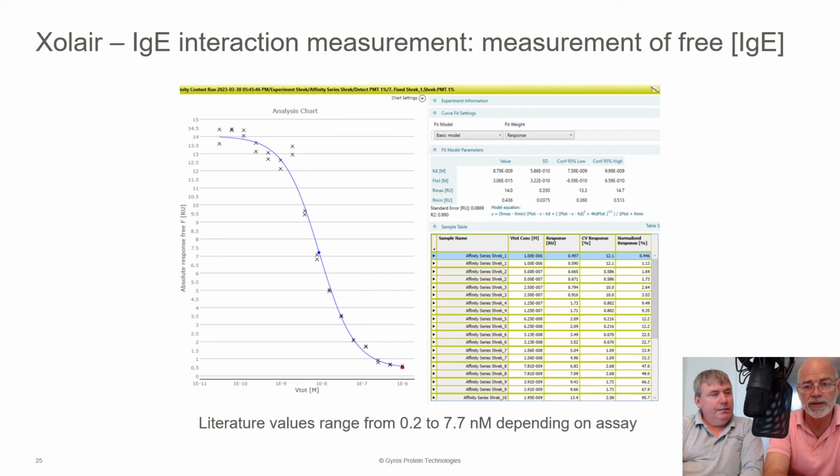Now, while it's a little difficult to see on the slides, there's tables on the right which show the calculated KD values as well as the FTOT values, and you can determine how accurate those are. And then the table below shows each of those data points, which illustrates the response value for each of the replicate values. In this case, we had 2 replicate points for each point in the curve.